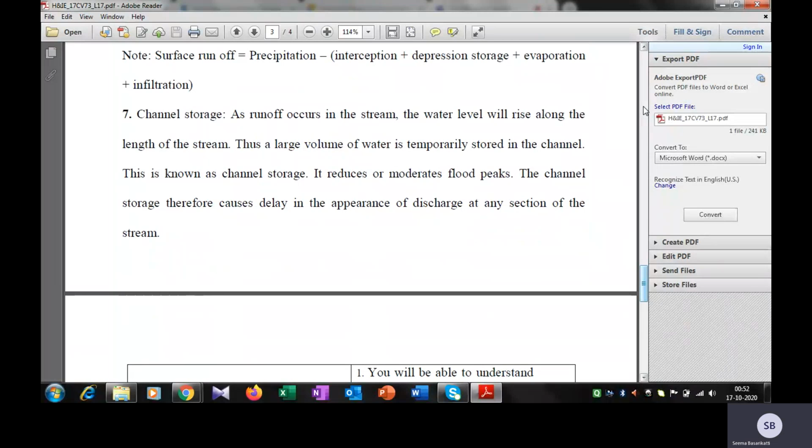A channel storage is the volume of water at a given time in a channel or over the floodplain of the streams in a drainage basin or a river reach. Channel storage is great during the progress of a flood event.